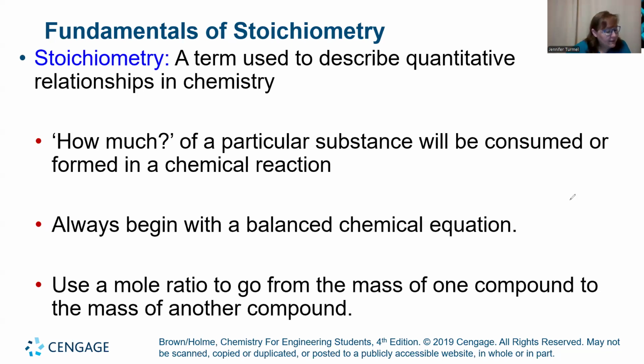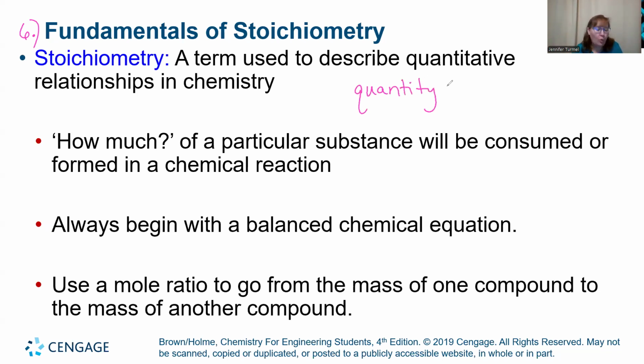All right, so now let's take a look at some of the basics of stoichiometry. Okay, and I think I forgot to mention it before, but we're up to slide 6 now. Okay, so stoichiometry is a term that's used to describe quantitative relationships in chemistry. And remember that quantitative means quantity.